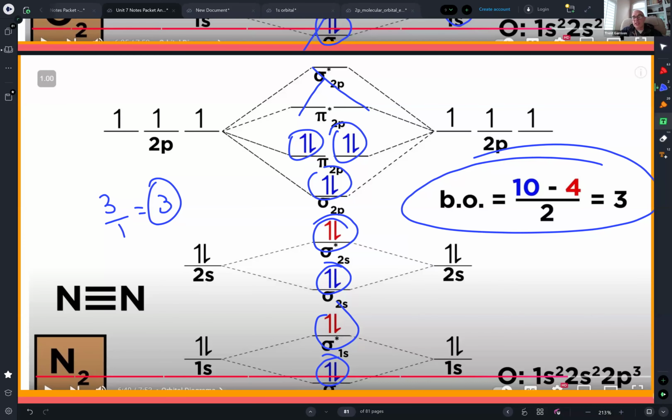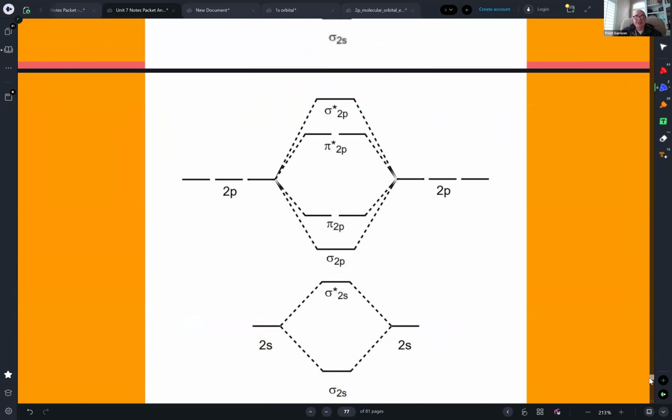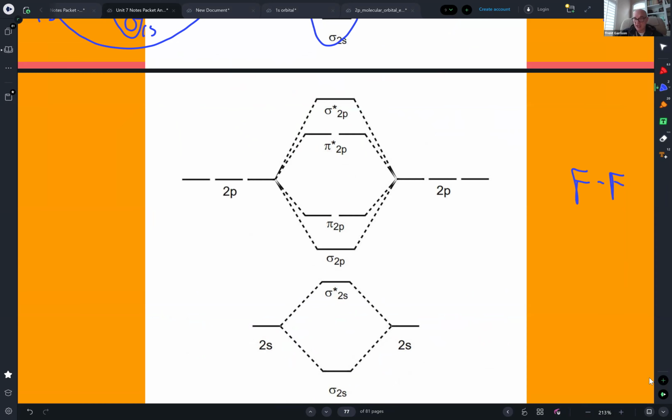All right, so let me scroll back up and let's do one more showing you why we have fluorine. Fluorine has a single bond, and we know that because it's a halogen. But let's go ahead and just prove it to you. And again, I don't know why I didn't include the 1s's. So let me just draw those in here. So 1, 2, 3, 4.